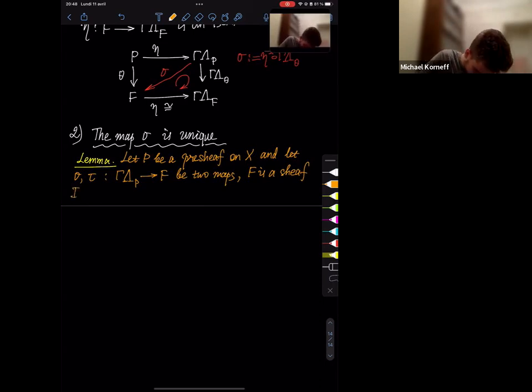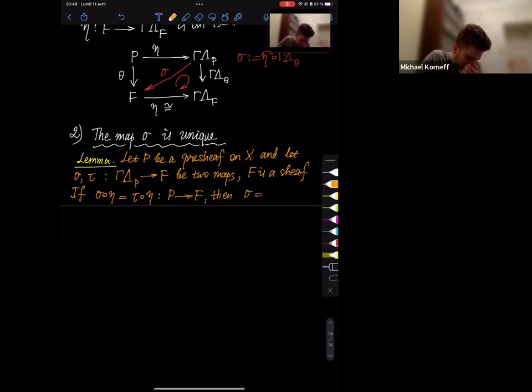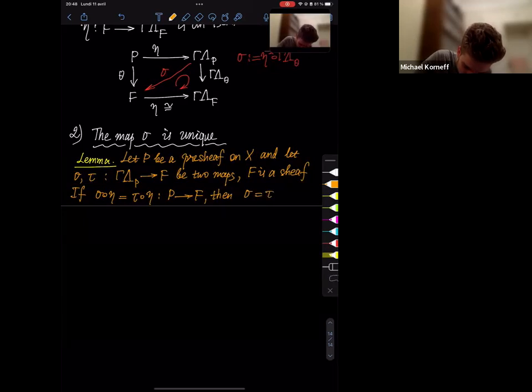If we have the following equality of the compositions, then we have that sigma and tau are the same.